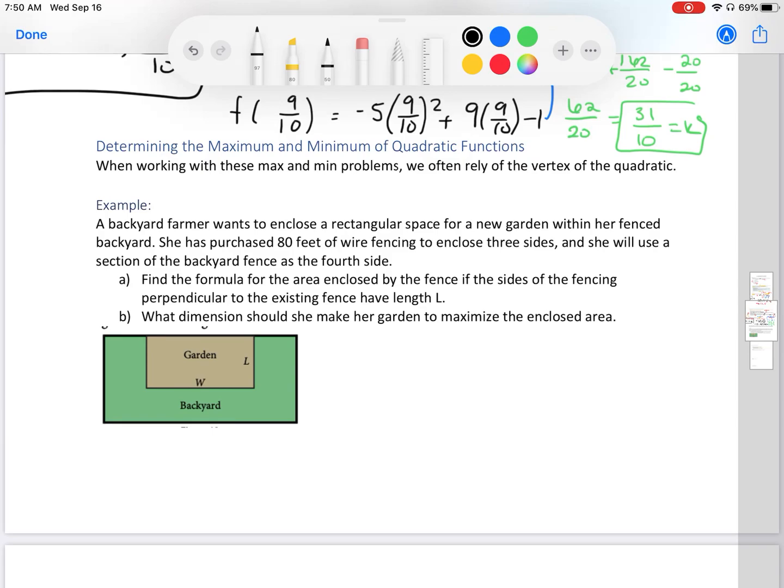She purchased 80 feet of wire fencing to enclose 3 sides, and she will use a section of the backyard fence as the 4th side. A: Find the formula of the area enclosed by the fence if the sides of the fencing perpendicular to the existing fence have a length of L. And B: What dimensions should she make her garden to maximize the enclosed area?